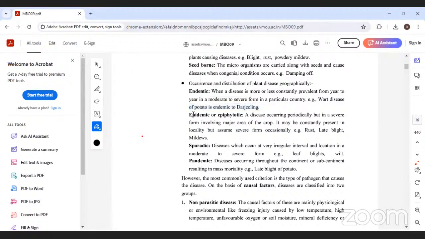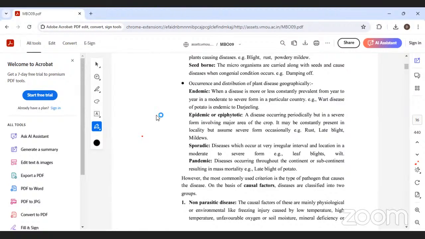Next, the second one is epidemic or epiphytotic. This type of disease occurs periodically, in a severe form involving major areas of cropping.